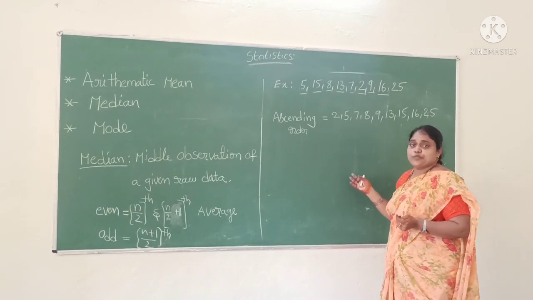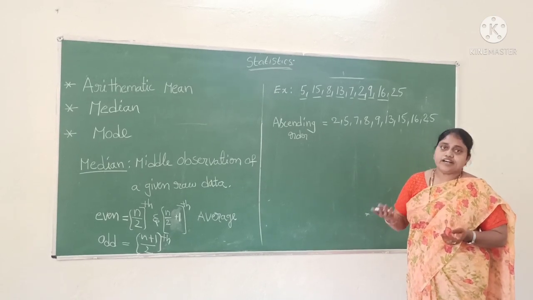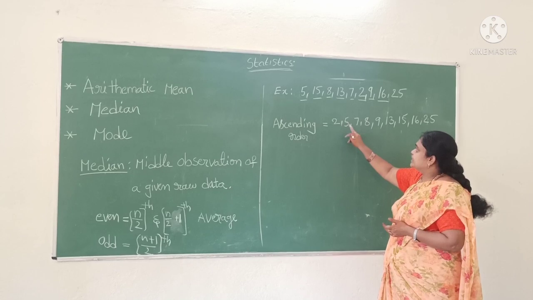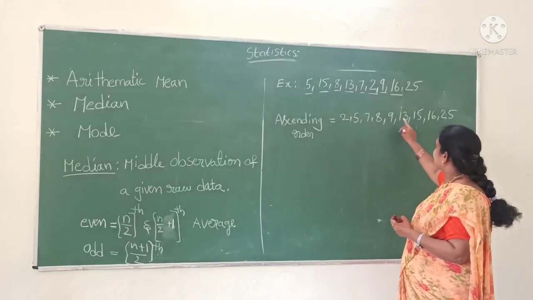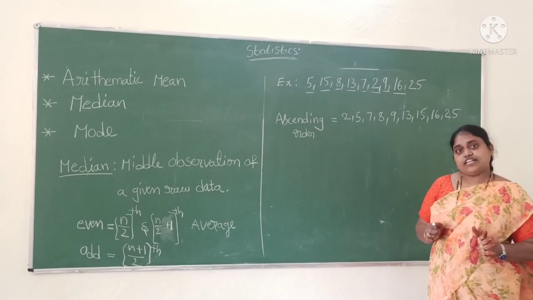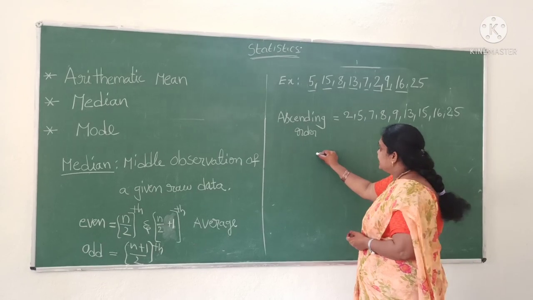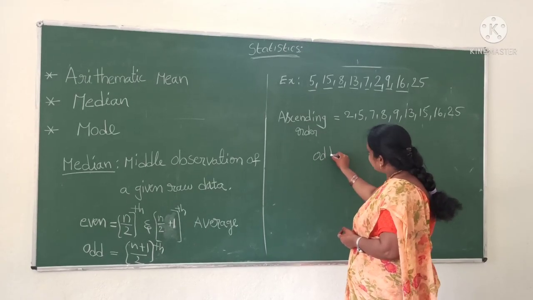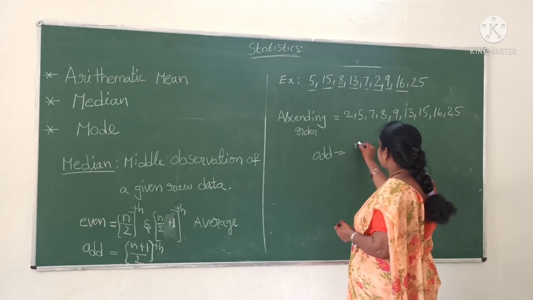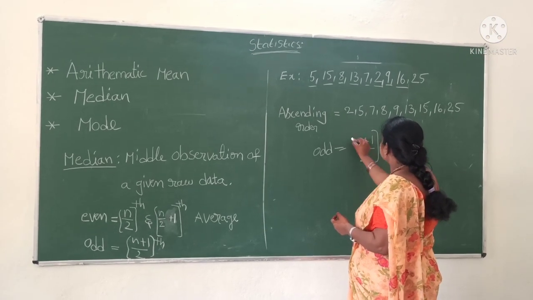Now, calculate how many observations, whether the observations are in even or odd. Counting 1, 2, 3, 4, 5, 6, 7, 8, 9. So 9 is an odd number. So which formula do we use? If observations are odd, then we use the formula n plus 1 by 2.